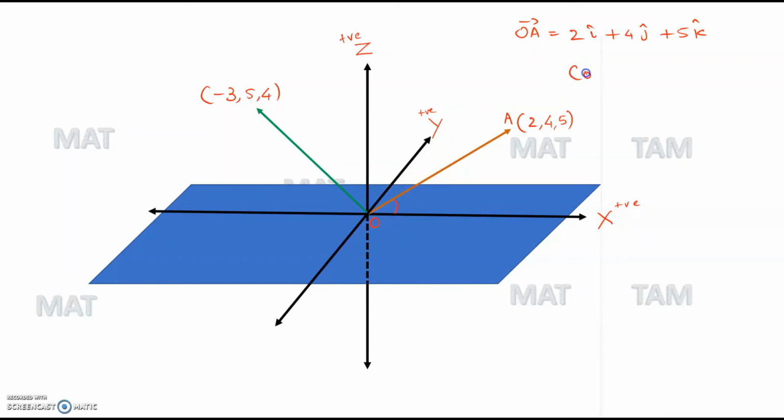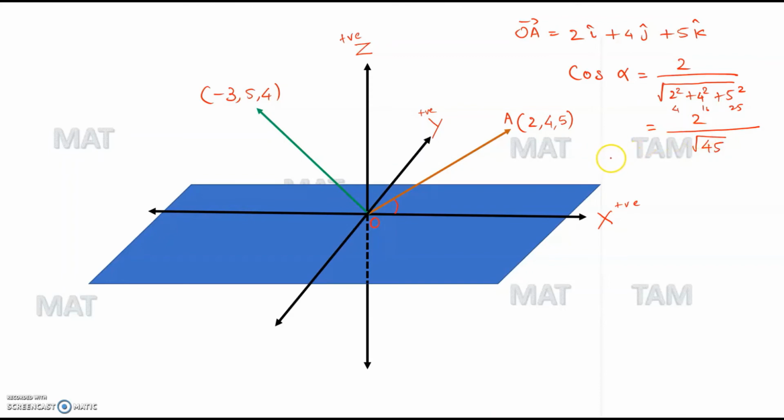Its direction cosine, cos alpha, will be given as 2 over square root of 2 squared plus 4 squared plus 5 squared, which is 2 over square root of 4 plus 16 plus 25, so my value would be 2 over square root of 45.